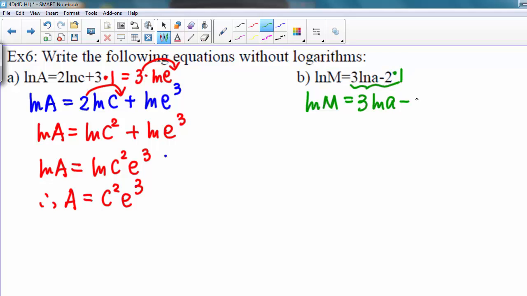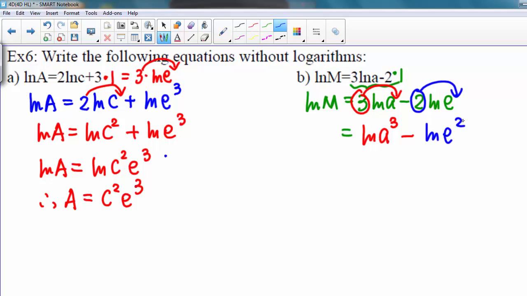That's 2 times 1. It's 2 times ln e. Then I bring both of these two coefficients back to the exponents. So 3 goes to the back, become ln a cubed. 2 goes back to the exponent. This will become ln e squared.